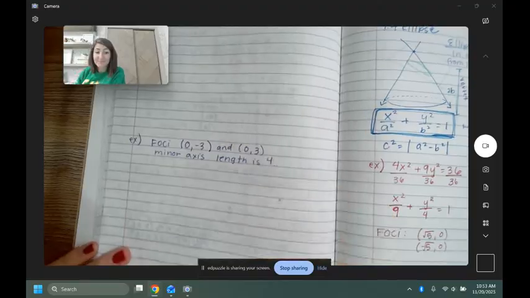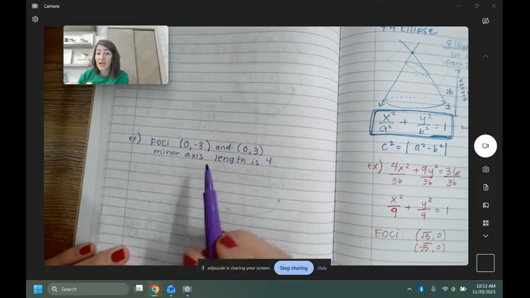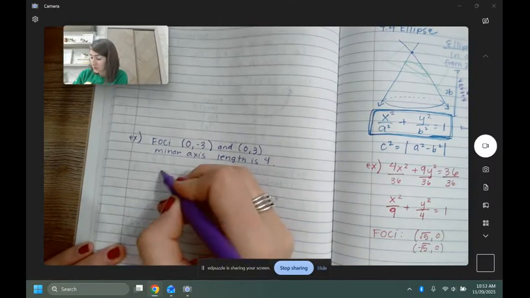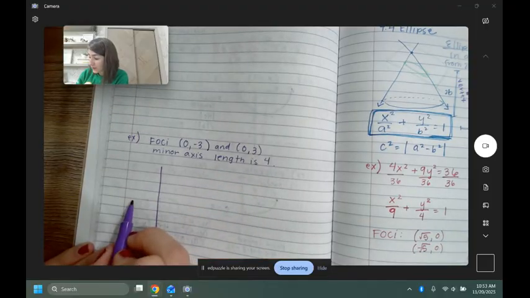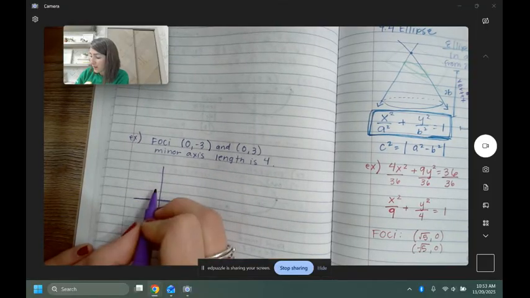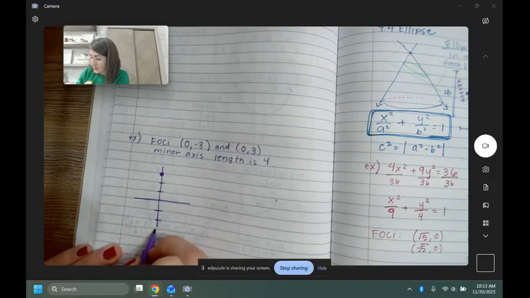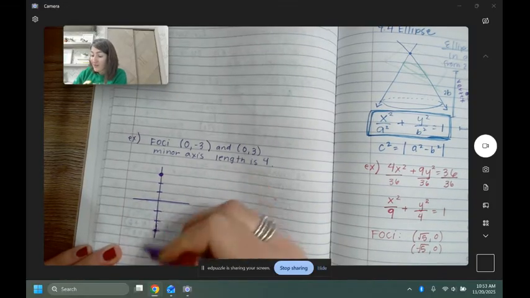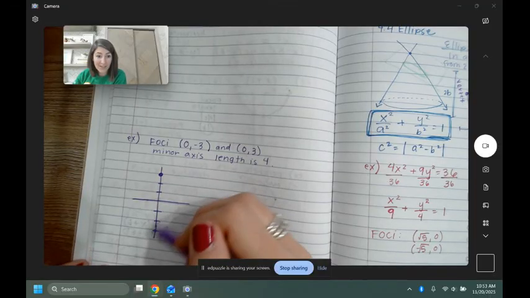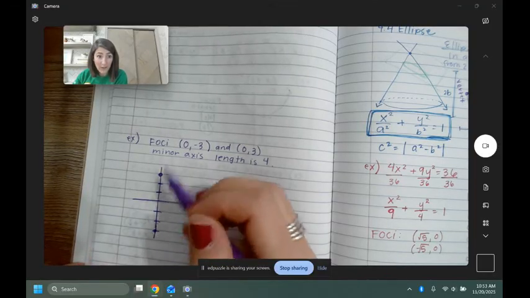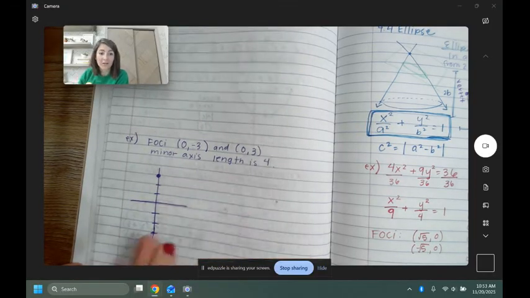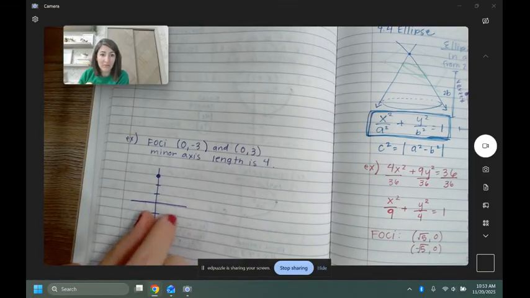Okay. So I know a couple of things here. I'm just going to graph what I know real quick. Because the foci are at 3 and -3, they have to be on the major axis. So I know this is going to be a taller and skinnier ellipse.